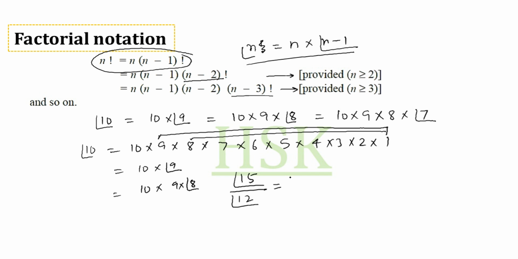But if I have to do it in a systematic way, I can write 15 factorial as 15 into 14 into 13 into 12 factorial, upon 12 factorial, by using this result. The 12 factorial cancels out. So 15 factorial upon 12 factorial will be equal to the product of these numbers, 15 into 14 into 13. This is the use of this result.